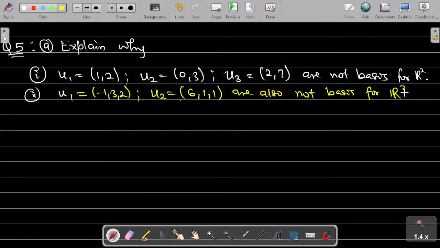Okay, so what do you explain as the reason why they are not a basis? First of all, a set of vectors will form a basis for a particular vector space if, number one, they are linearly independent, and number two, they span the vector space.